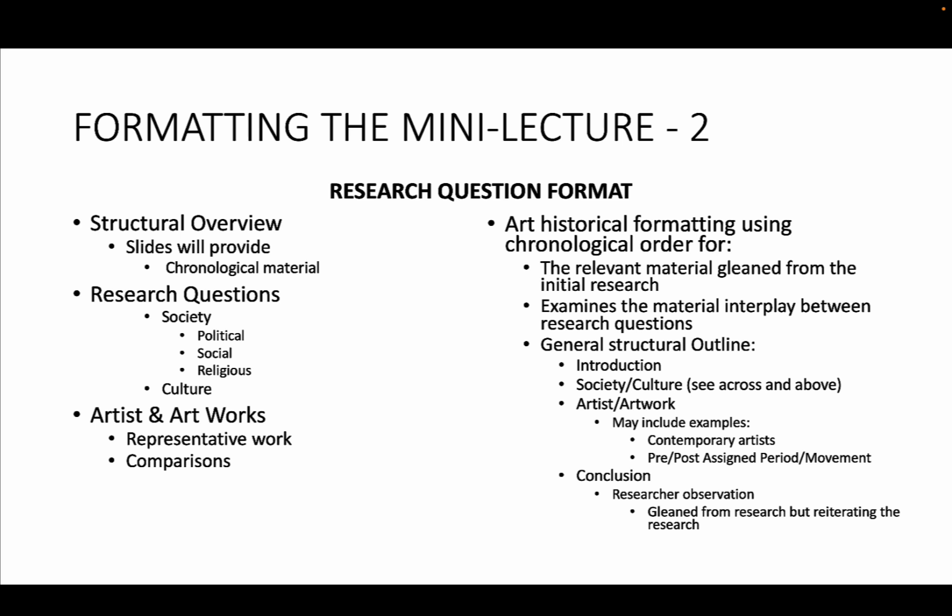And the goal here is that what each researcher will produce in the mini lecture will give the entire class and set of researchers a full experience, the 1400s to the 1800s. That 400 year period is going to be represented by each of the research partners' presentations.